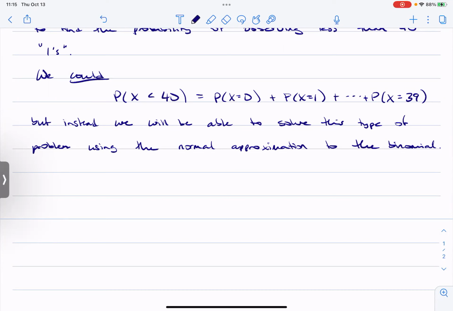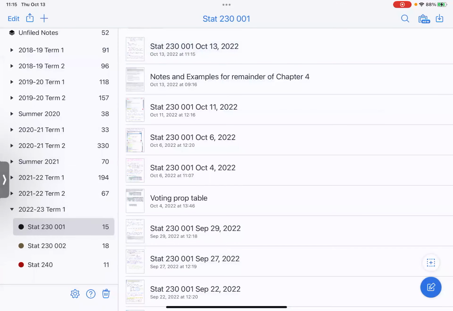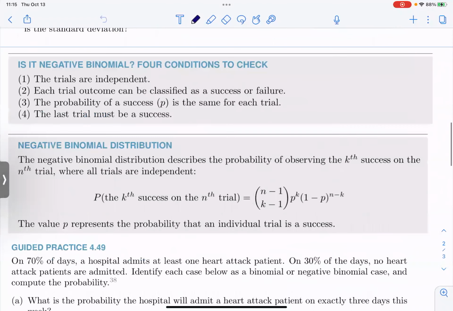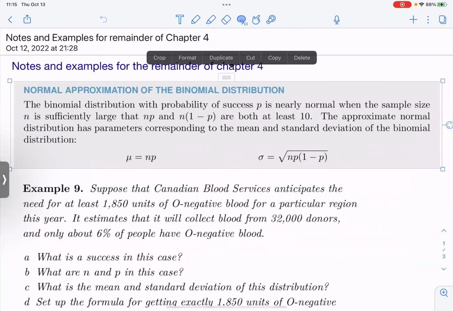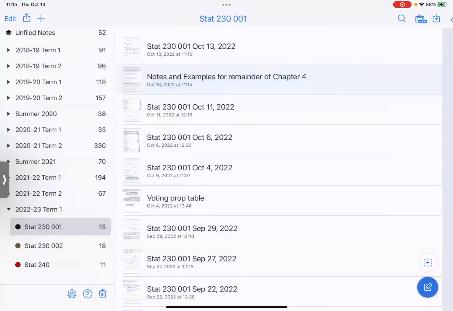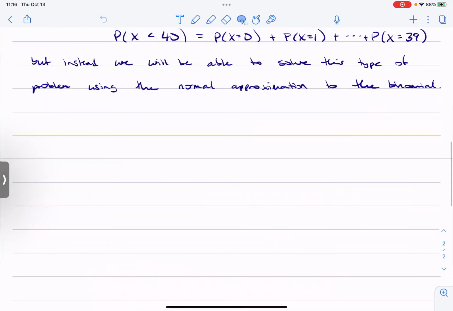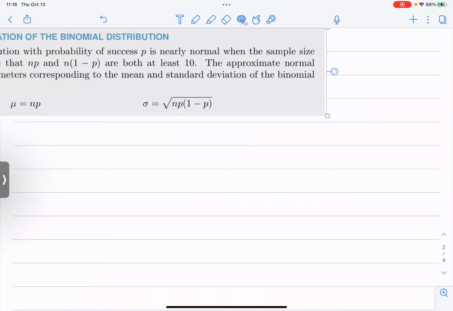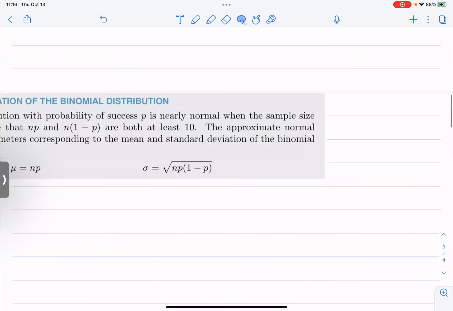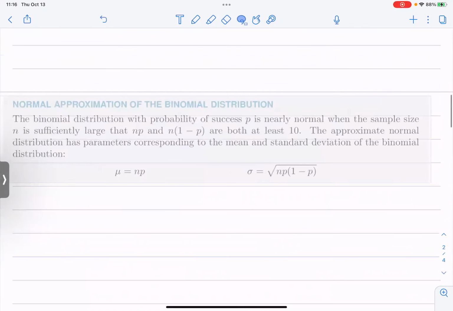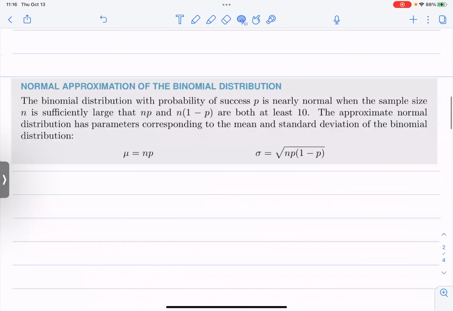The normal distribution, we know that. We can find probabilities associated with Z scores, right? Using the Z table or using R, more likely in real life. But for us, we'll use the Z table.